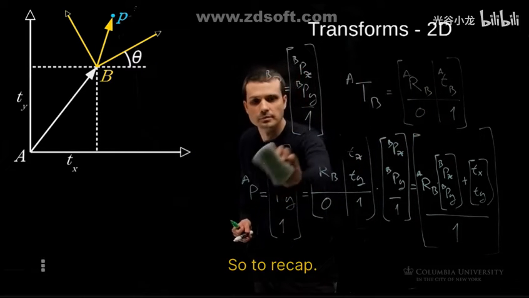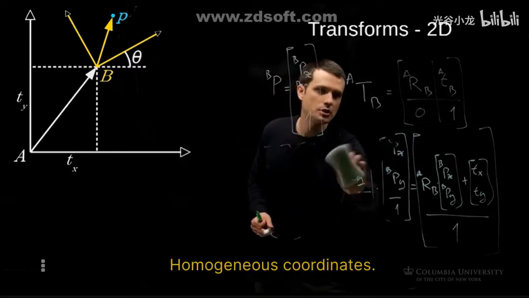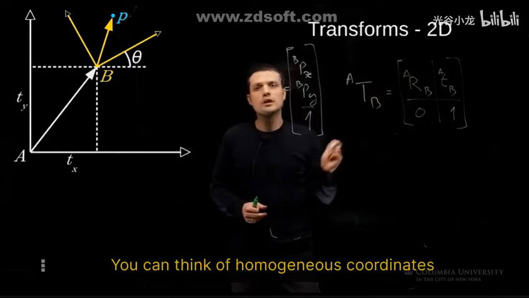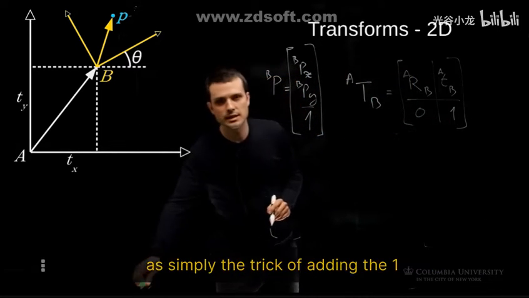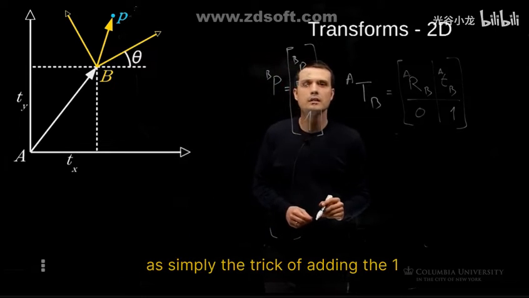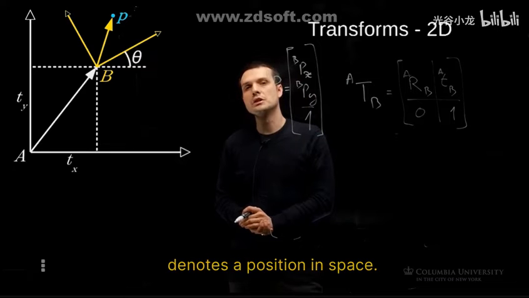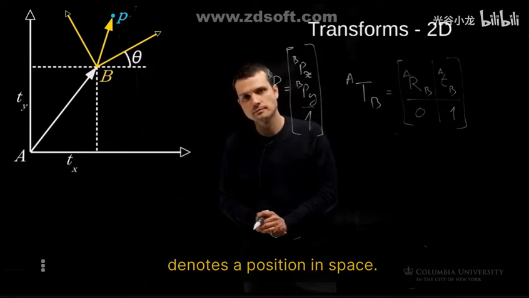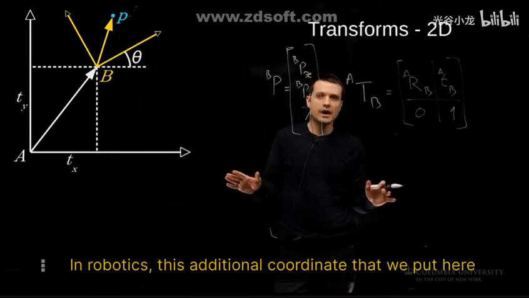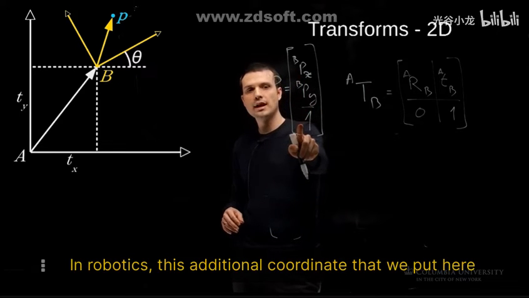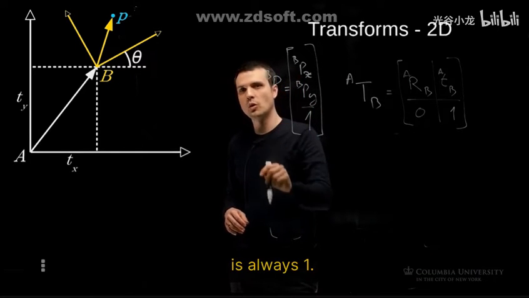So, to recap, homogeneous coordinates. You can think of homogeneous coordinates as simply the trick of adding a 1 at the bottom of the column vector, which denotes a position in space. In robotics, this additional coordinate that we put here is always 1.